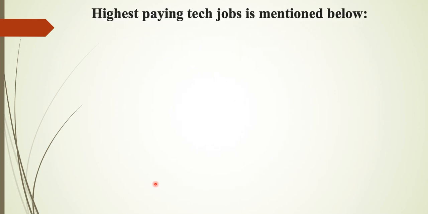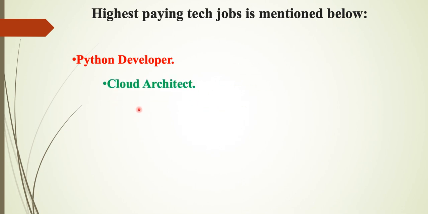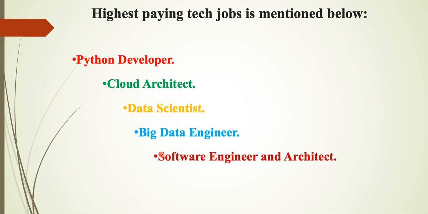Then we have some of the highest paying tech jobs in our country. The first one is Python developer, then cloud architect, then data scientist, then big data engineer, then software engineer and architects, then software development managers, and the list goes on.